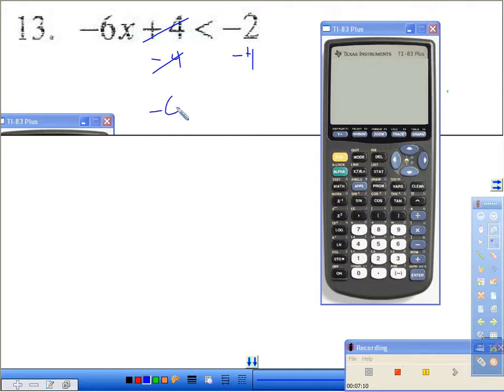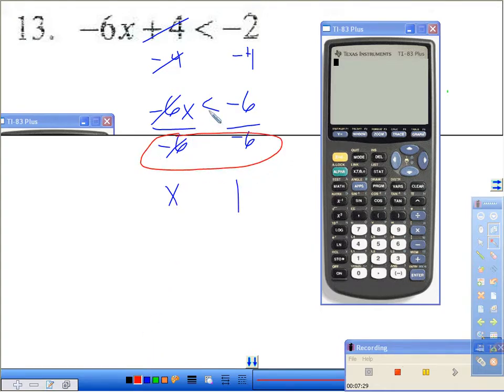That's going to give us -6x is less than -6, and then to get x by itself, we'll divide both sides by -6. -6 divided by itself gives us +1, so +1x, or just x. On the right hand side we get +1, and again, since we divided by a negative number, we're going to change the inequality symbol from less than to greater than.